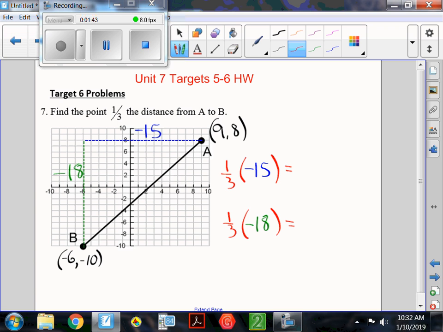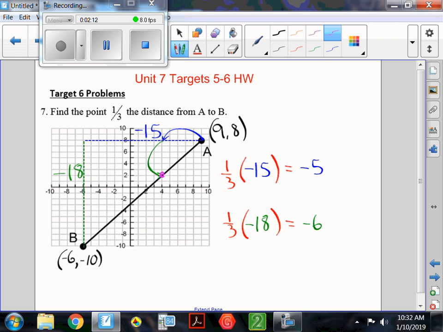So 1/3 of -15 is -5. 1/3 times -15 is 1 times -15 divided by 3. 1/3 of -18 is -6. And so if I want a point that is 1/3 of the way, I need to start at A and go 5 units to the left, and I need to go 6 units down.